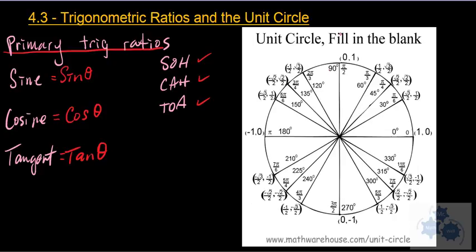Consequently, I did get you to fill out a blank unit circle the other day, and it is going to be very important for you guys to memorize the unit circle. I know, but listen, remember that all of these values right here, especially these ones, this is all you have to memorize. That's it. 30, 45, 60 degrees, you have to memorize those.